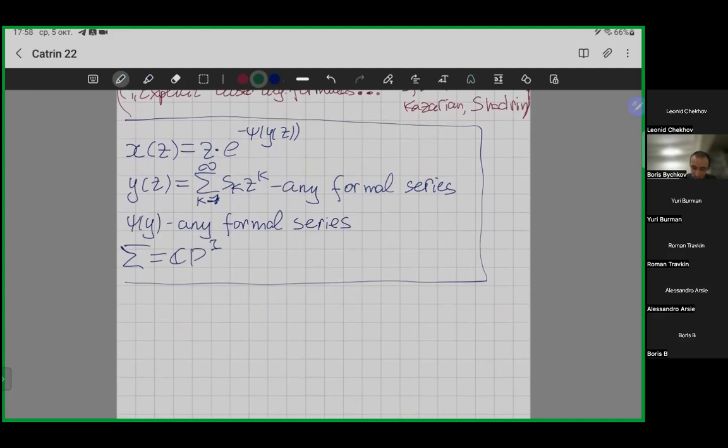So all s_k, if k is greater than 1, are equal to 0, and s_1 is equal to 1. So y of z is equal to z, and psi of y is equal to y. It's simple Hurwitz numbers.